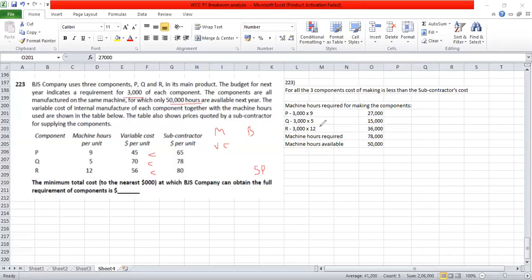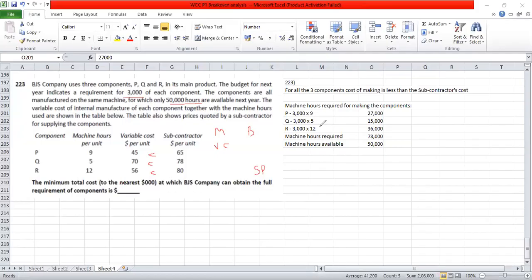That is the route in which we would proceed further. But because selling price per unit is not available, we have to look at the other way around, which is about the costs that are given. One is variable cost per unit, the other is subcontractor cost per unit. So what is the additional cost? Which one is costlier is what we will look into.